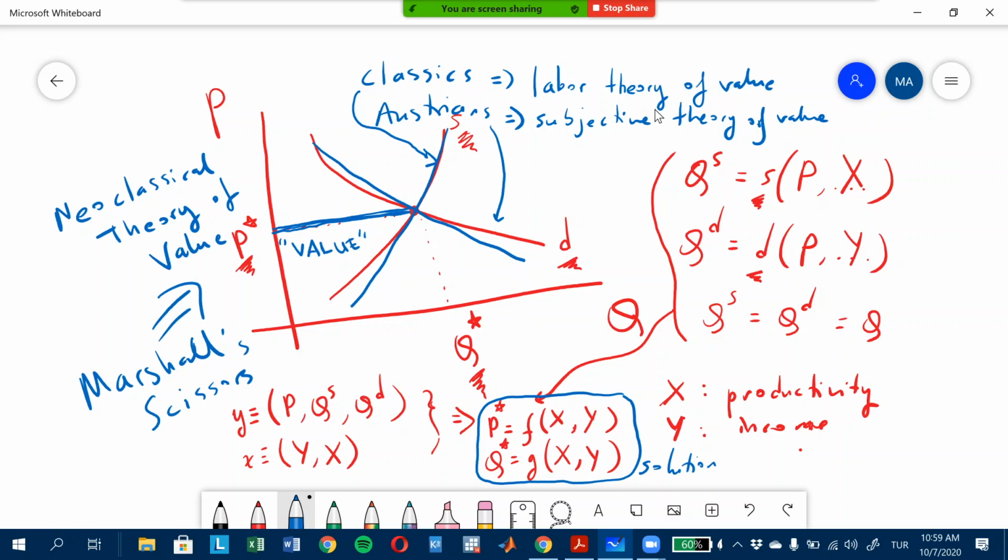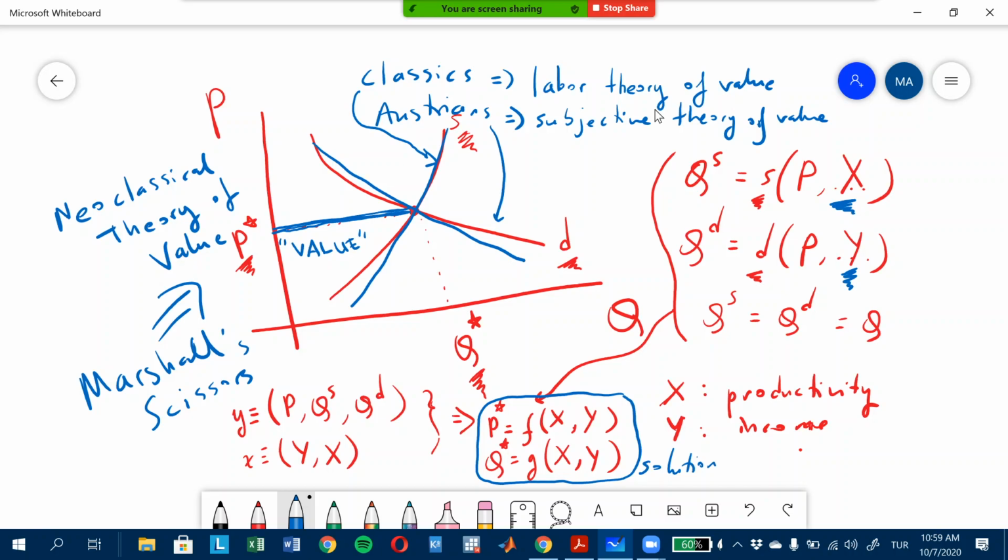And that exchange value is determined by both supply and demand. All right? So for a given price, there is a quantity demanded, which depends on, of course, income. At a given price, there's a quantity supplied, which also depends on, of course, productivity in the simple model.